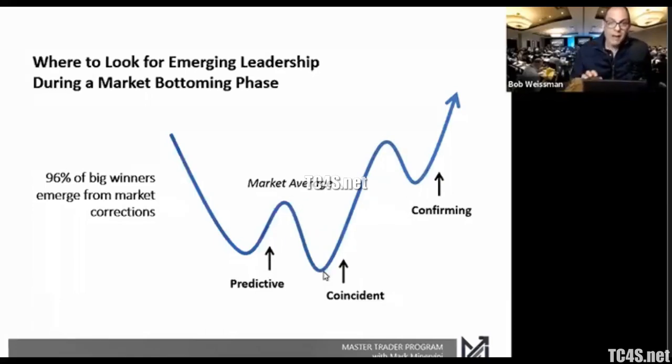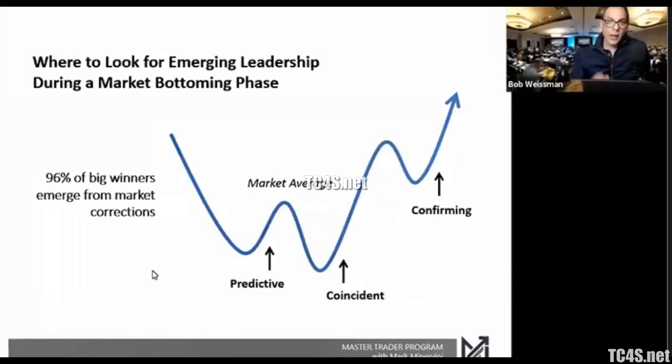Then you'll have a group of stocks that will come, and sometimes you don't get many predictive names. It could be one of these areas, predictive, coincident, or confirming, or a combination of them. Coincident is a stock that moves out of its base right as the market is coming off of its lows, its final bear market low.